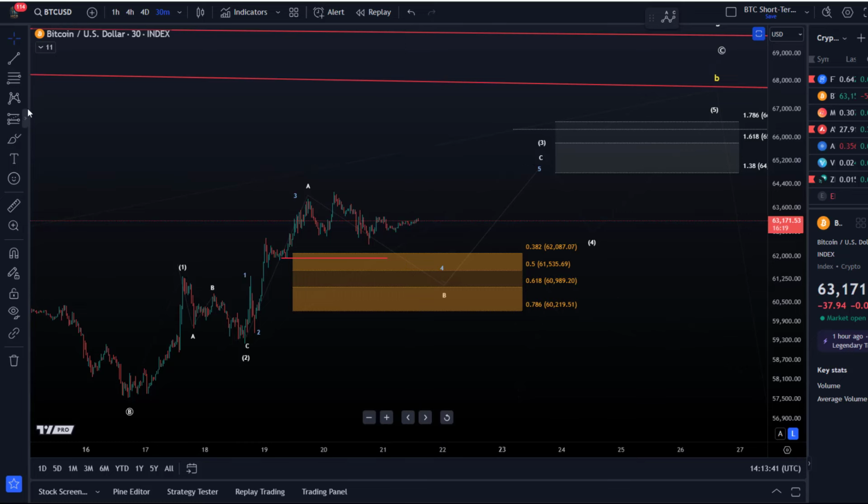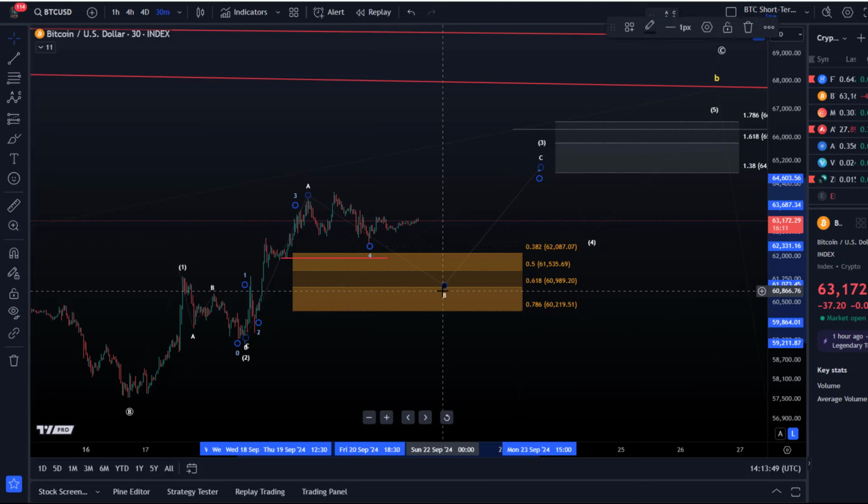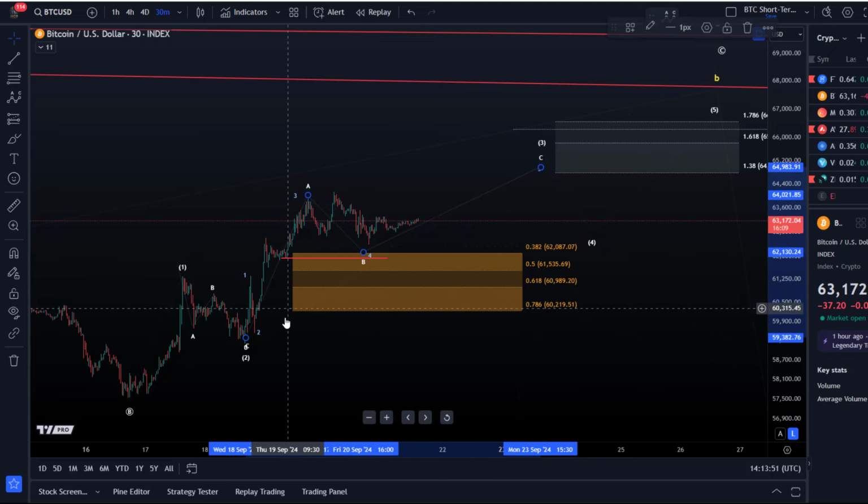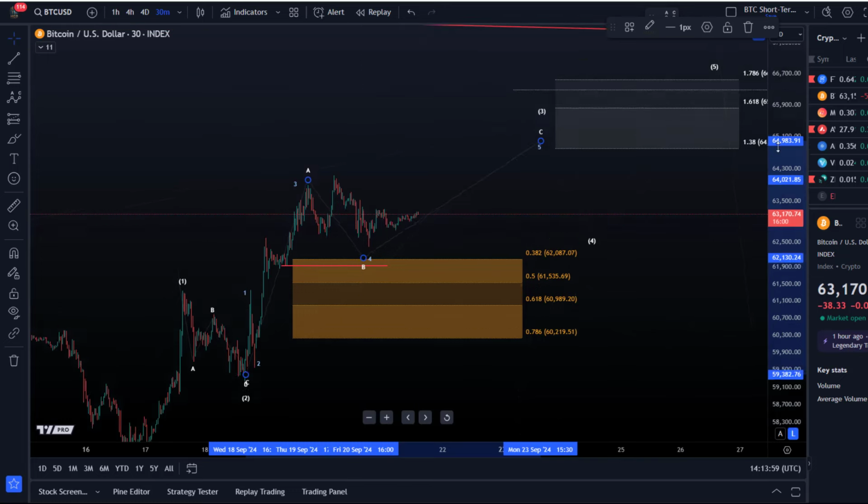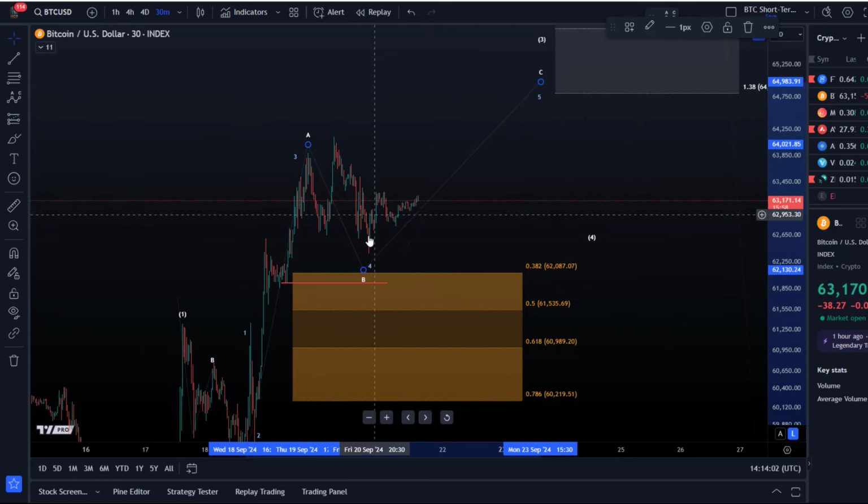Now, in terms of ideas, how this can be labeled. This is a clear 3-wave move down, right? So we could make the case for a completed 4th wave already, or even a completed B wave. Sometimes they are shallow, so it's impossible to know the difference. But in this case, I would like to see at least wave C go a little bit higher and show some upside momentum. And as you can see, the last rally from yesterday's low is only in 3 waves.